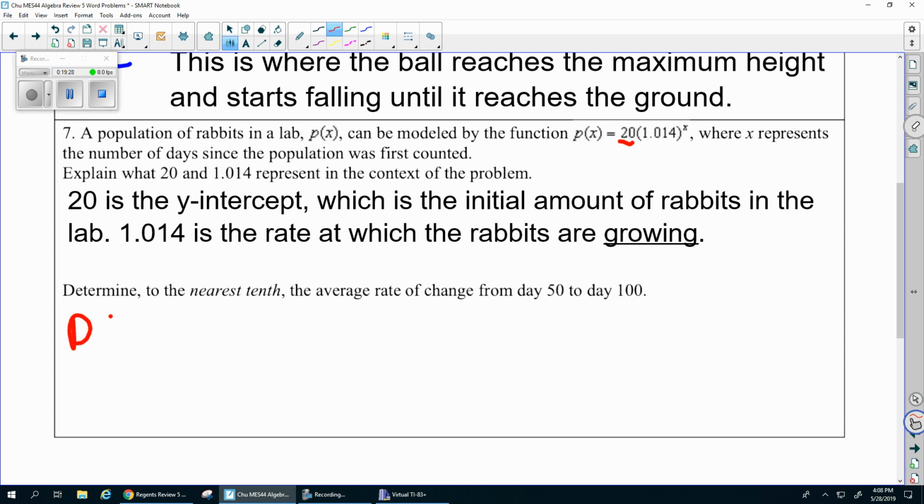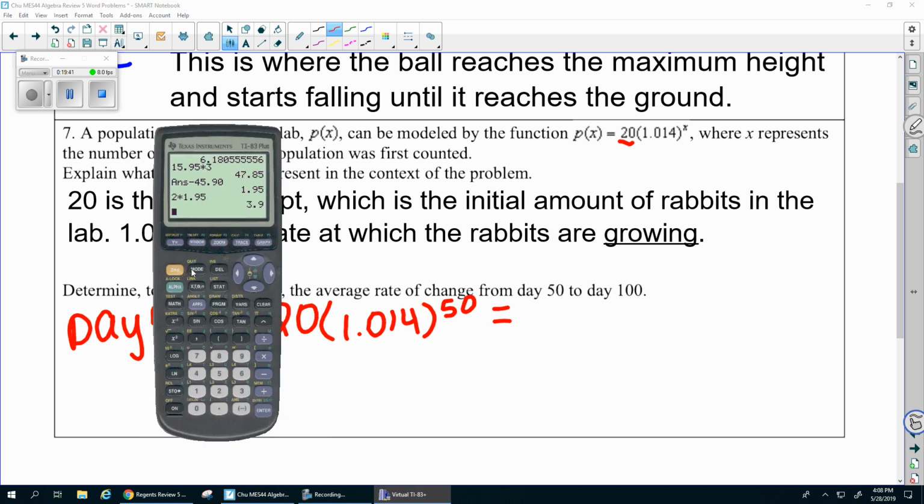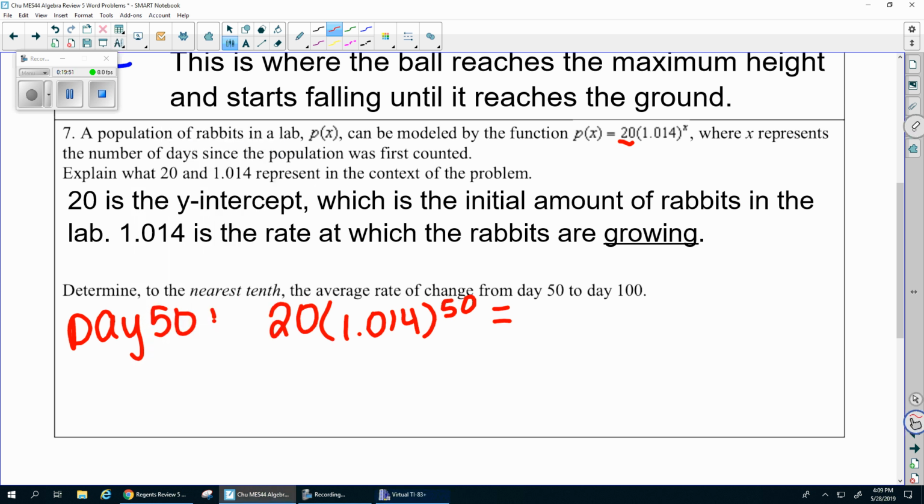So at day 50, let's plug it in. I get 20 times 1.014 to the 50th power, and I get 40.08.